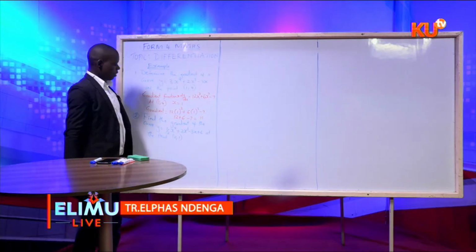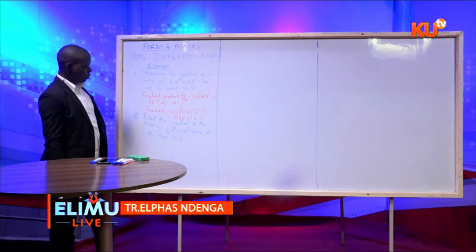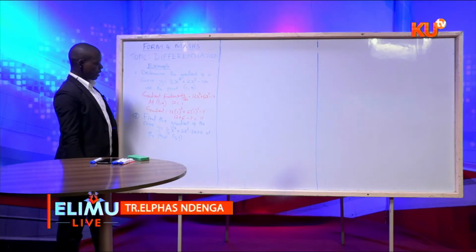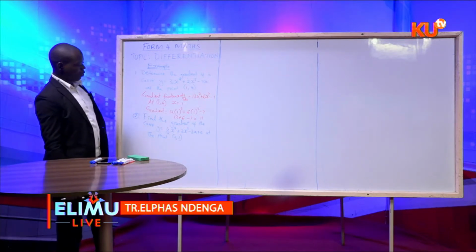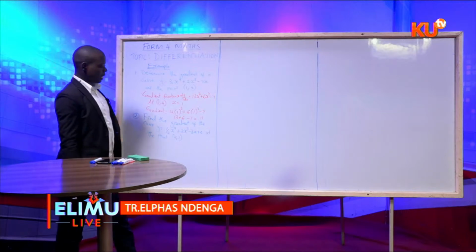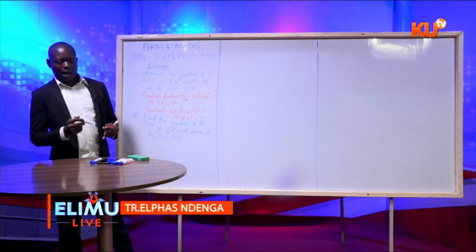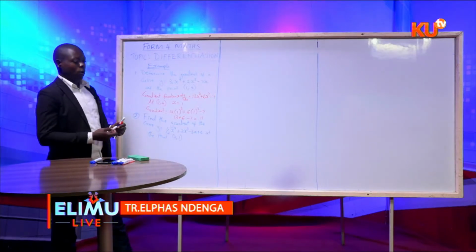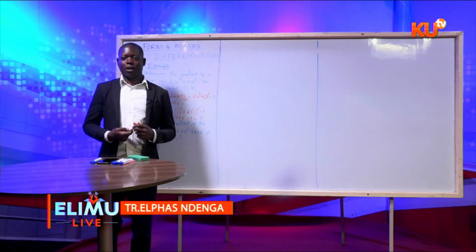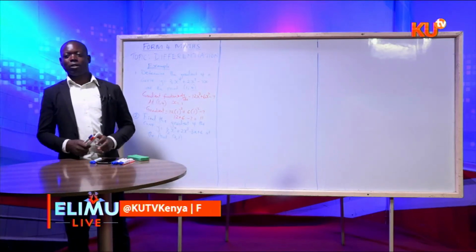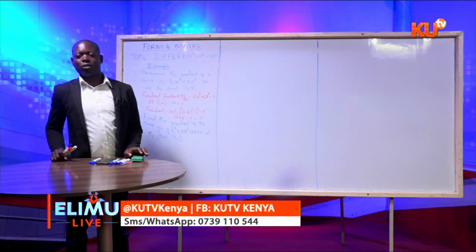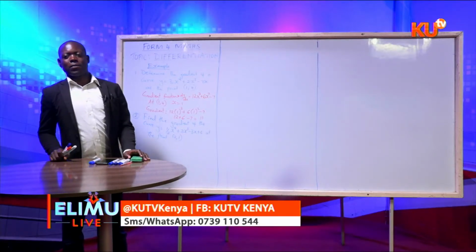Find the gradient of the curve y equals 1 over 2x power 4 plus 2x cubed less 3x plus 6 at the point (2, 1). With the given example, students, can you be able to work it out? Yes.